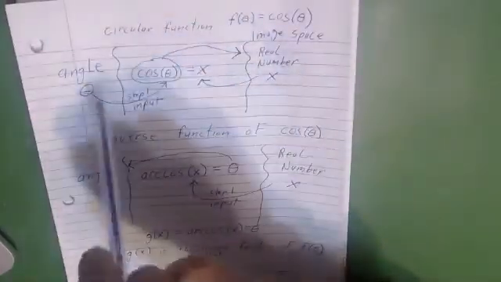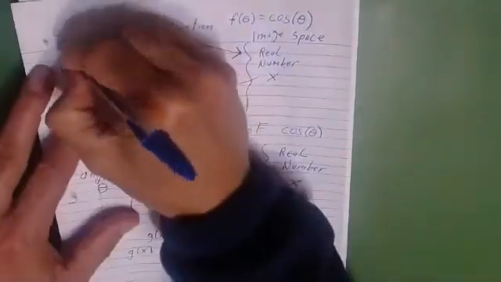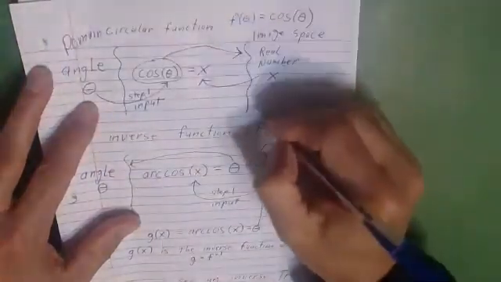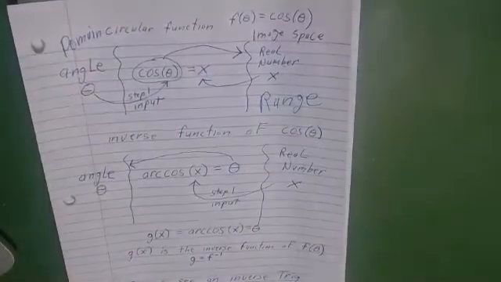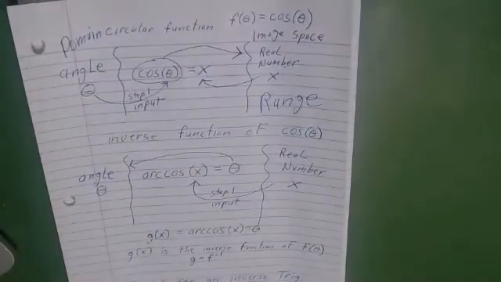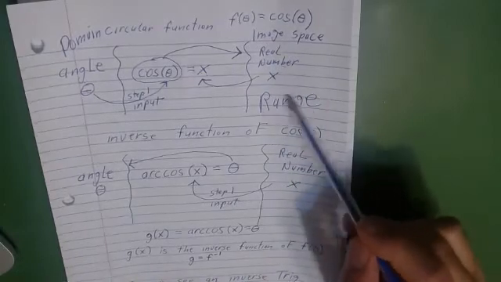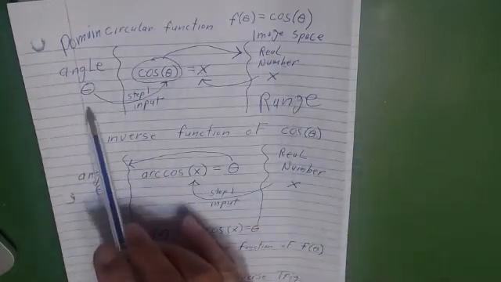So the function's taking us from the domain, this is the domain, right, to the range. That's what the function does. The inverse function will get a value from the range of the original function, and it will output a value from the domain of the original function.